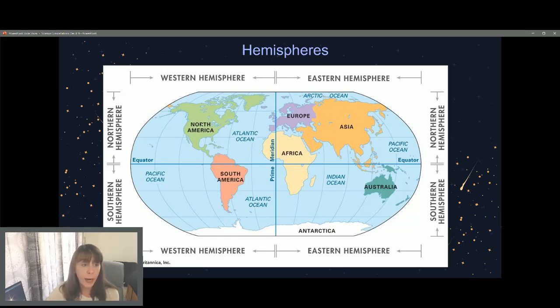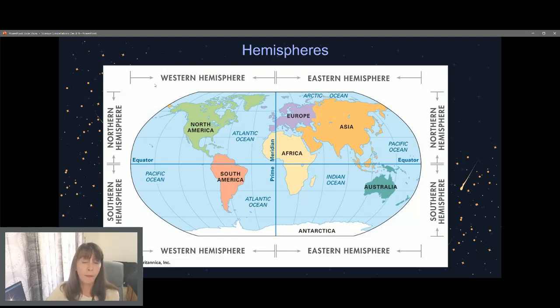We live right here in North America, and you can see Texas is about right there, somewhere under the E and R. And when you see Europe and Asia and Africa, you can tell that most of our population resides in the northern hemisphere. The Earth is also divided into the eastern and the western hemisphere.